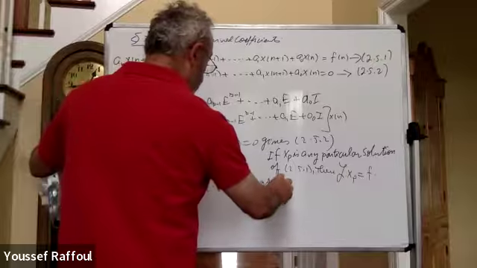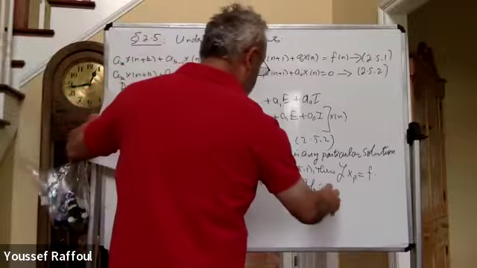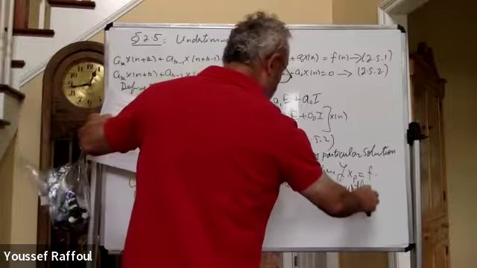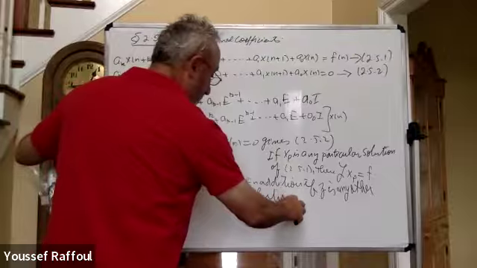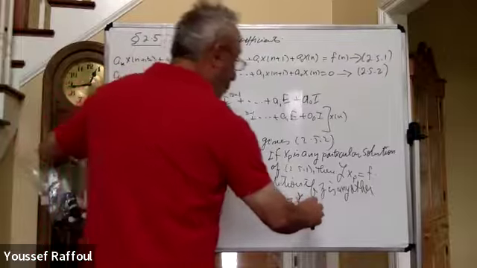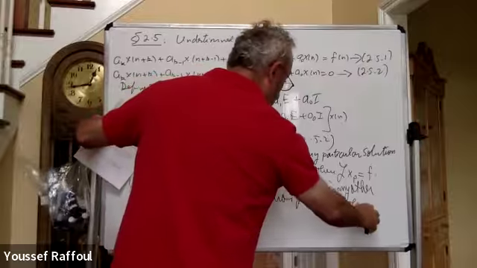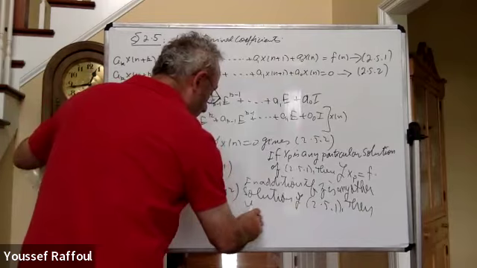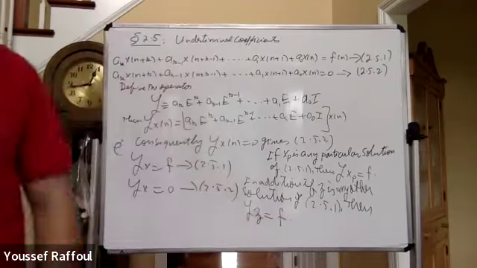In addition, if z is any other solution of 2.5.1, then L z equal f, correct?